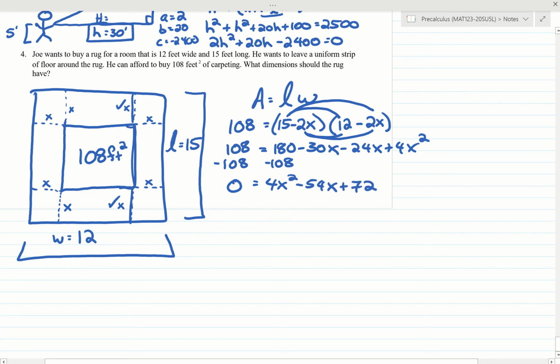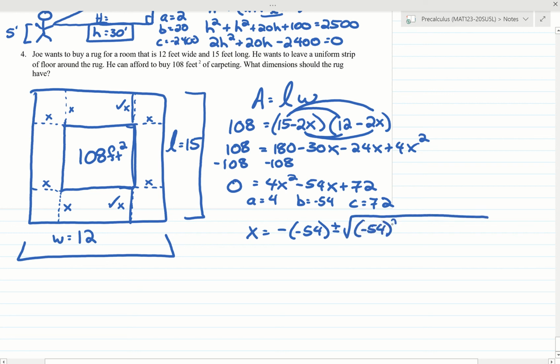And now we could use a quadratic formula to finish it, where a is equal to 4, b is equal to negative 54, and c is equal to 72. So the x would equal the opposite of b, plus or minus the square root of b squared minus 4ac, all divided by 2a.